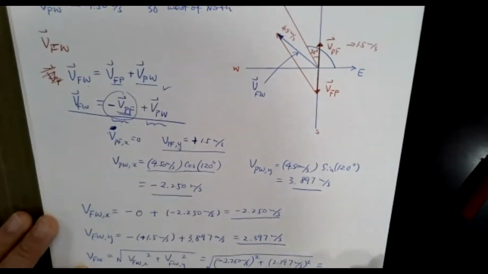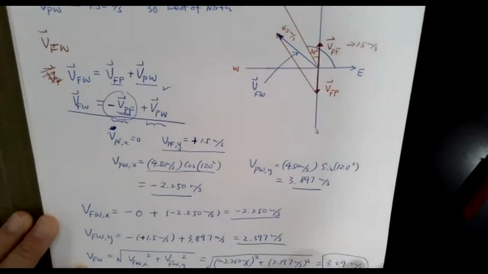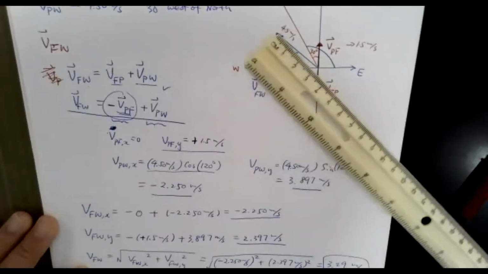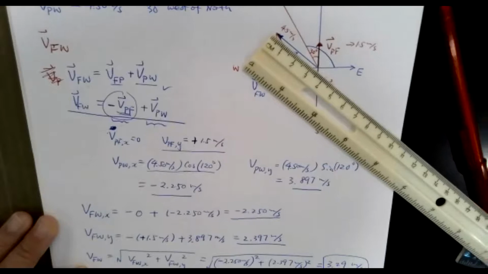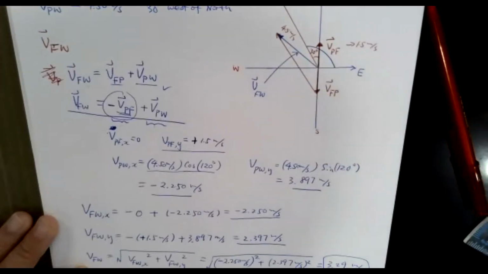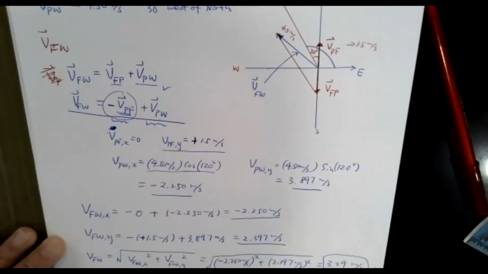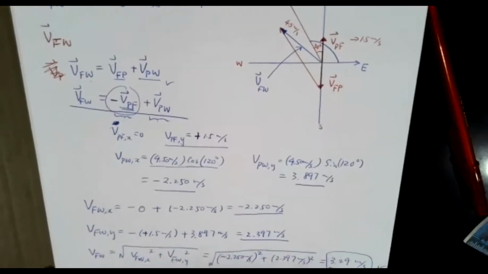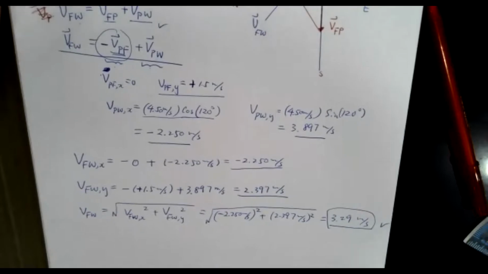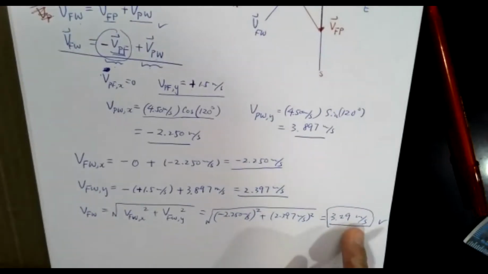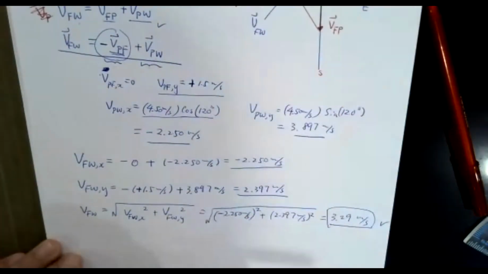So this will be roughly 3.29 meters per second. And then you double check with the graph. That's about 3.2 or 3.3 from the graph. So I think we are pretty much set with the magnitude, because we have agreement between the numbers and the graph.